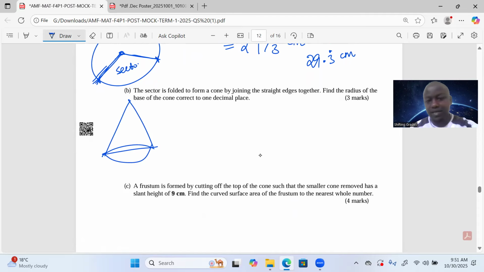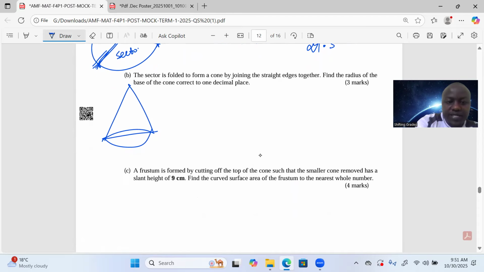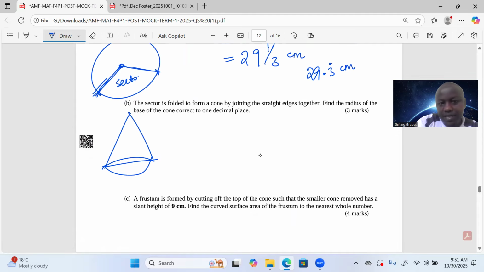So the base circumference is the arc length of the sector. And the slanting height now becomes the radius. Look at this, R becomes slanting height.